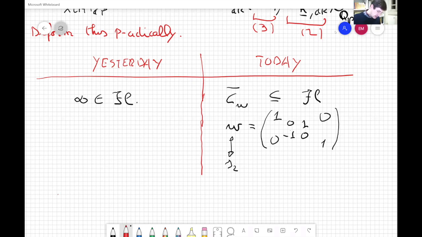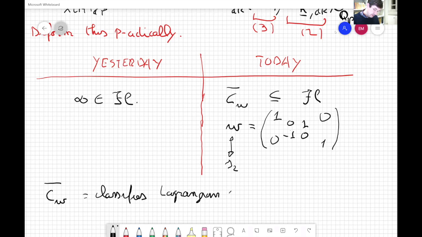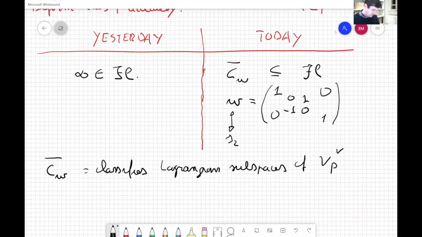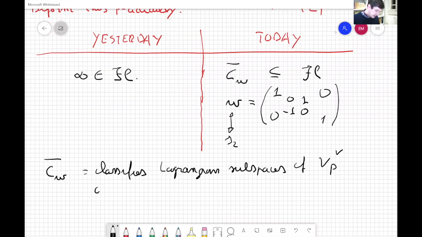And actually, as George explained, this closure, GW bar, classifies Lagrangian subspaces of Vp dual. That was the model that we used to define the flag variety, that contains just one vector, which is this vector E4 dual.